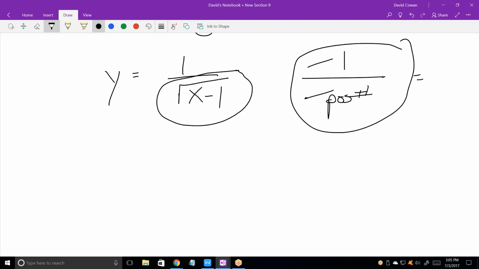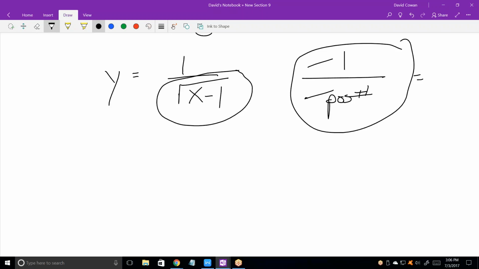The bottom might be 1/10, so 1 divided by 1/10 would be 10. In fact, the bottom might be 1/1,000,000th, which would make the whole thing a million. So I can make y pretty much any positive number.